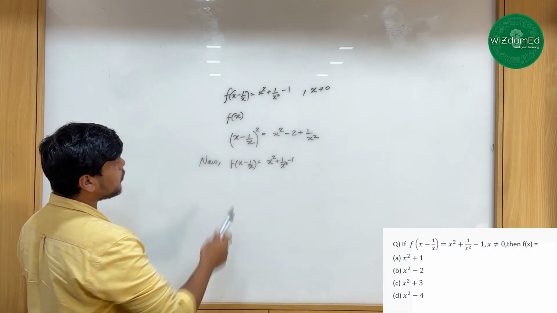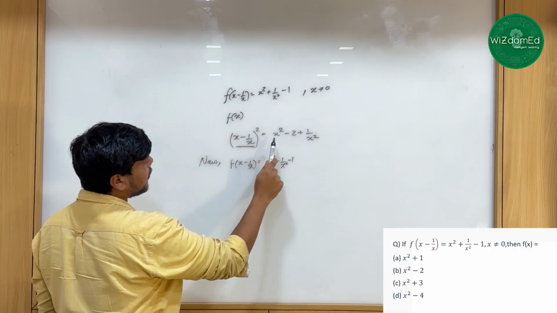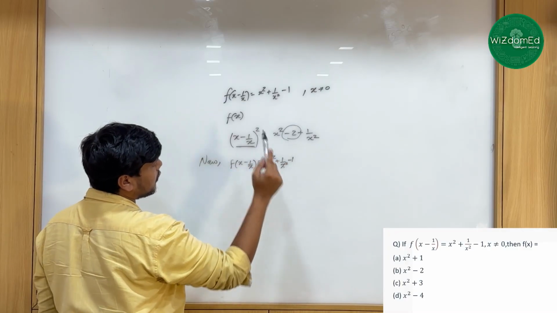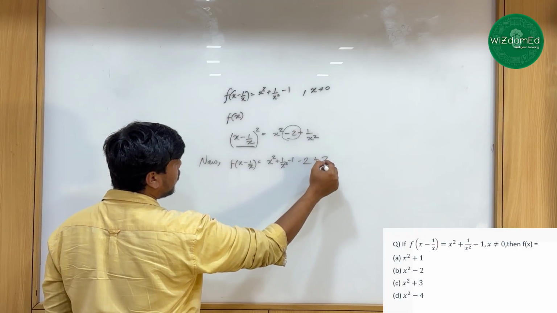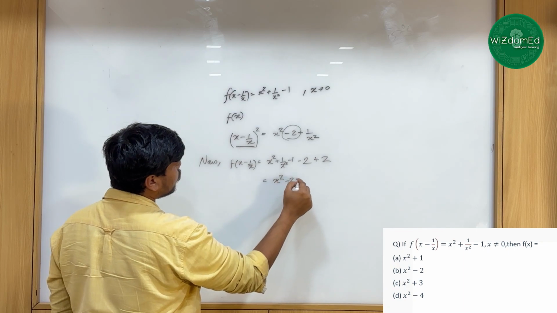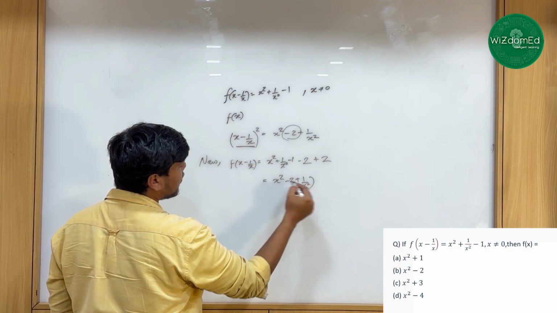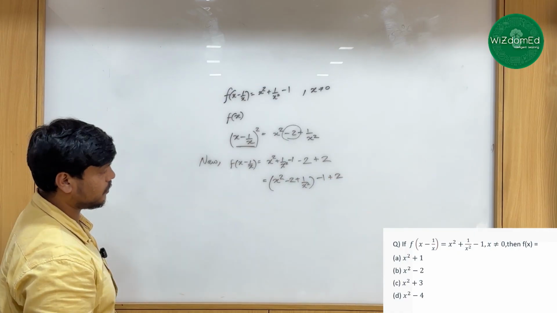Now, if I want to change my input and output into the same form, what do I need? I need minus 2, which is missing here. So I will add minus 2, and to nullify that effect, I will also add plus 2. Now I can keep x square minus 2 plus 1 over x square together, just rearranging the terms, and minus 1 plus 2 will be written afterwards.